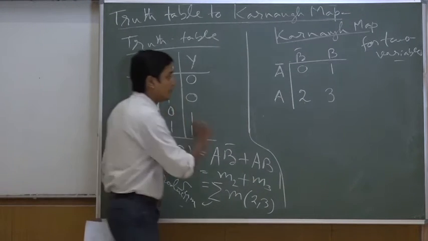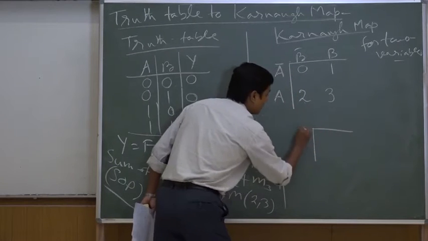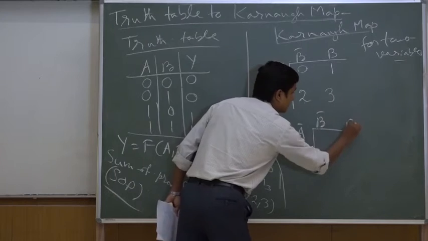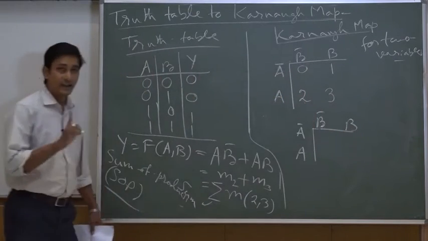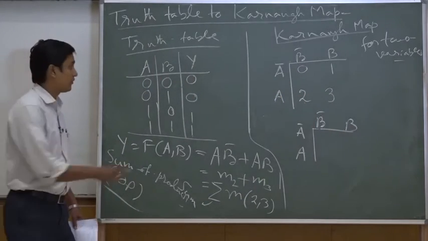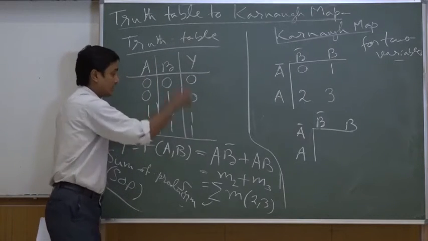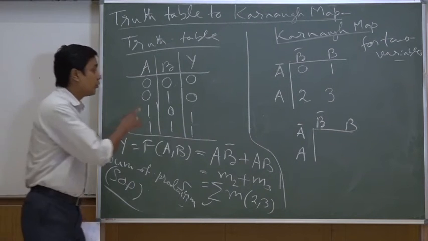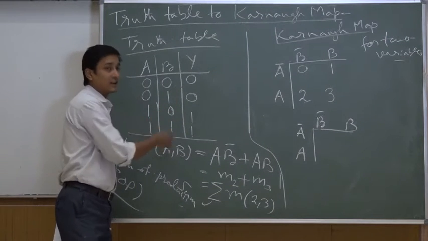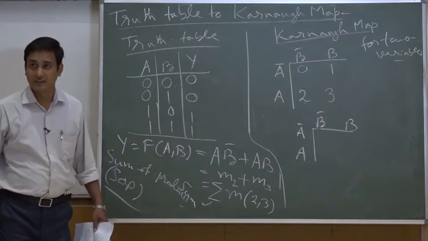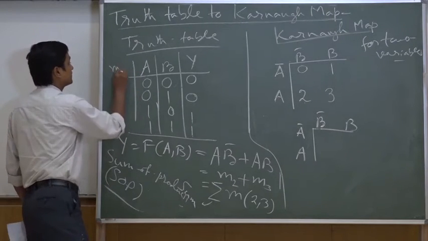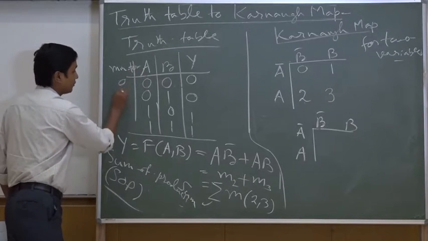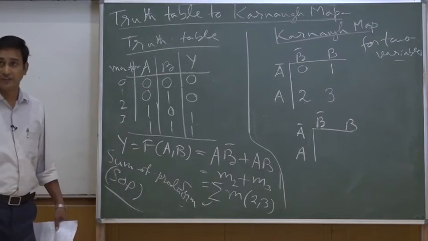So, to do that, you make a Karnaugh map with A bar, A and B bar, B, and find, for the device to be implemented, which min terms are at high level. Let me name the min terms 0, 1, 2 and 3.